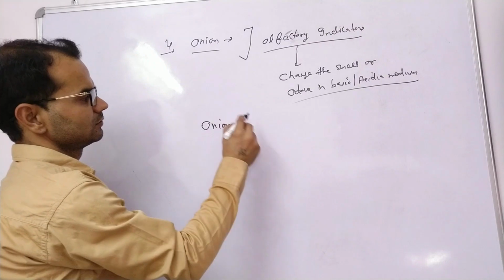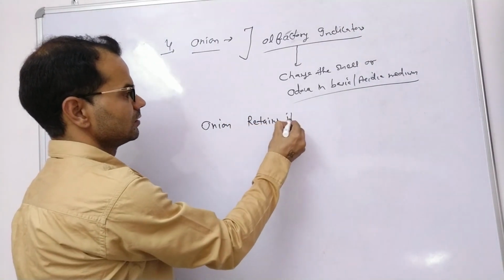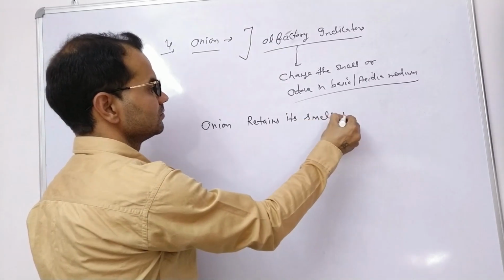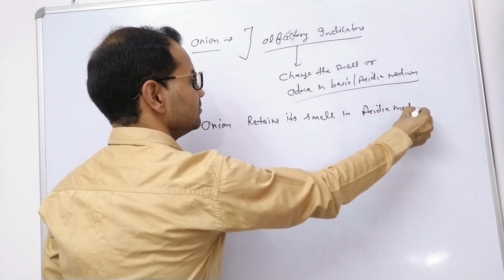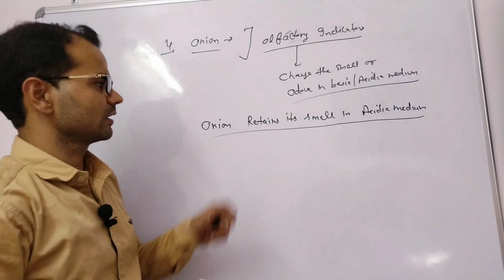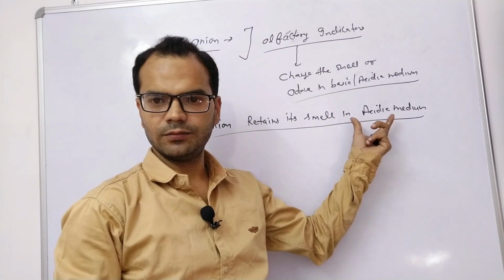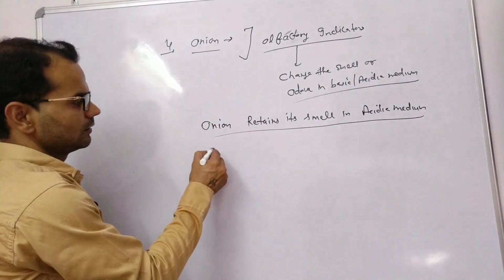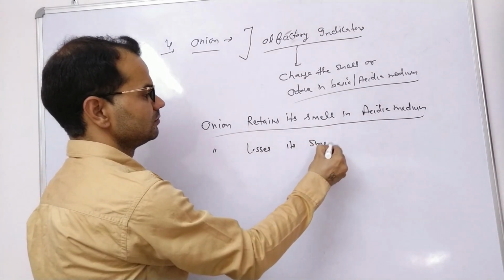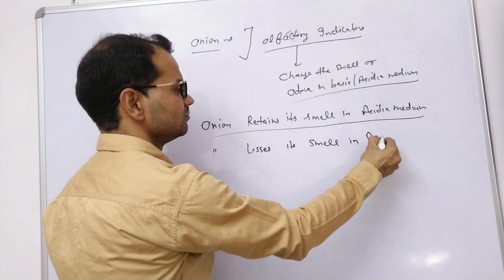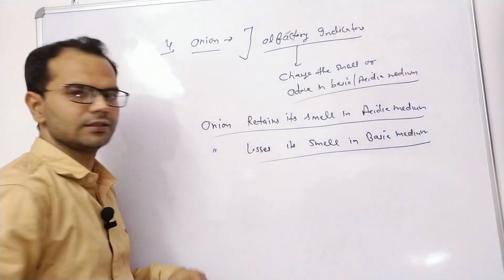Onion retains its smell in acidic medium. The characteristic smell of onion remains in acidic medium, but onion loses its smell in basic medium.